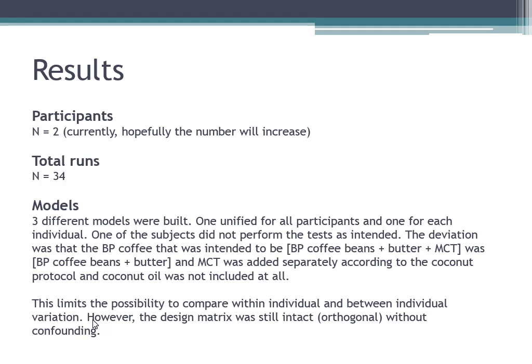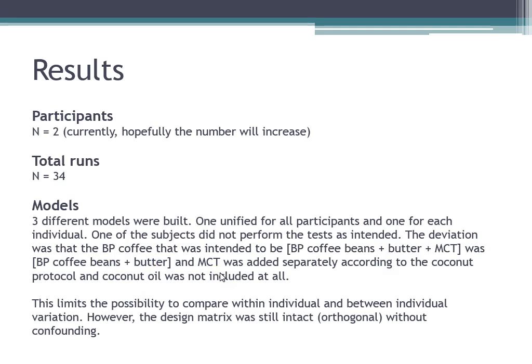So to complicate things, we have two people doing this. One of them, I wasn't really clear in my instructions. So one of them did it in the way intended, and one of them did not do that. One of the individuals used Bulletproof Coffee with butter, but took the MCT on the side for some experiments and not in some.